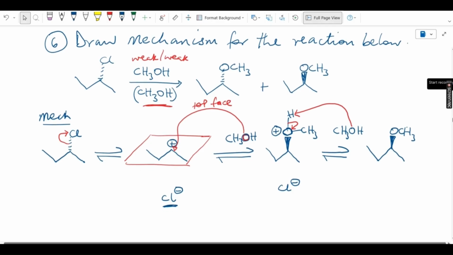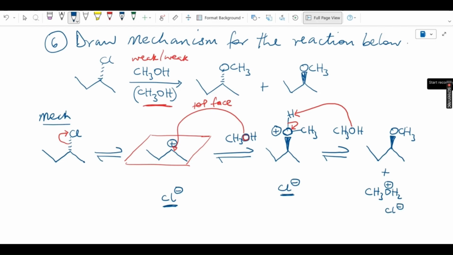And when the base grabs that proton, it will form the conjugate acid. So we'll have this oxonium ion. Again, the anion will be attracted towards the oxonium ion. And this will be the mechanism for how this particular product is formed.